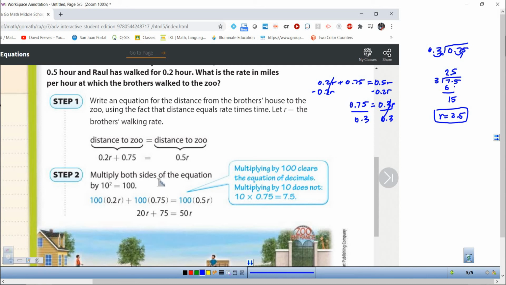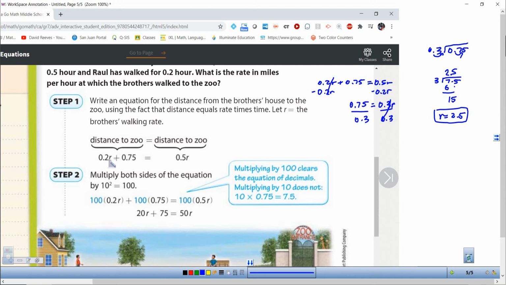But you'll see right here what they did was they said, okay, I've got tenths here, I've got hundredths here, I've got tenths here. If you don't like the decimals, just like you didn't like the fractions, with the fractions you multiply by the least common denominator. With a decimal, if you want to move the decimal one place, you multiply by 10.